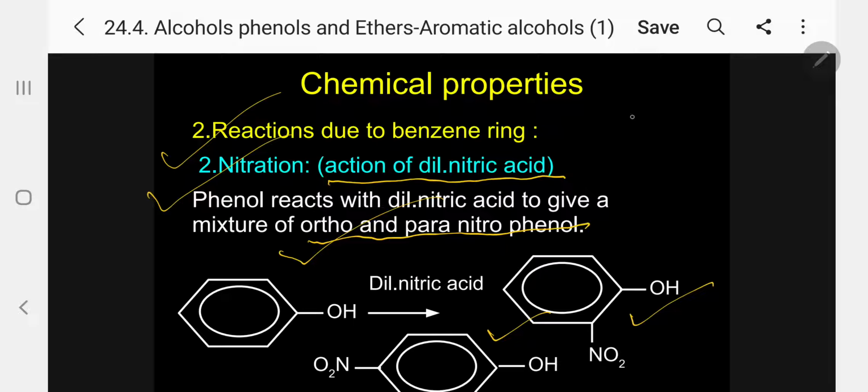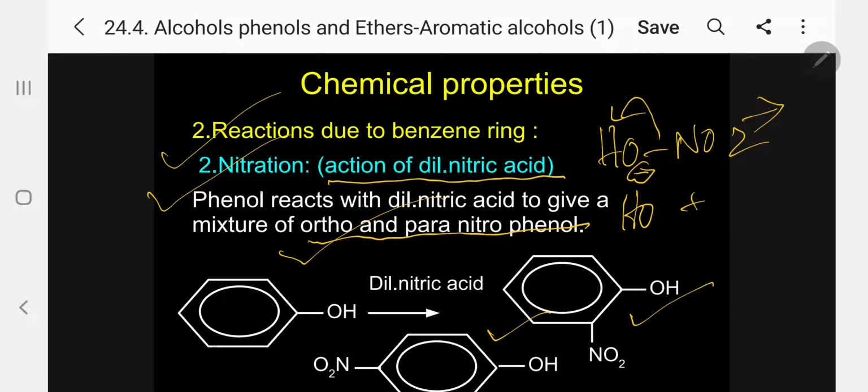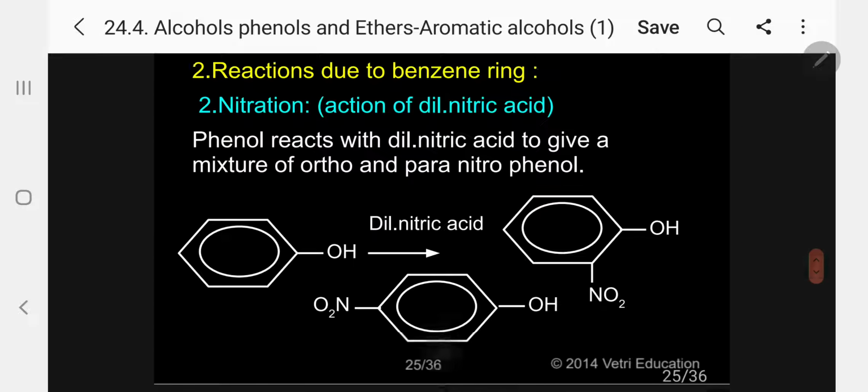How are we getting NO2 plus? You know this. This is nitric acid. When it is cleaved, it will cleave like this, giving OH minus and NO2 plus. So this NO2 plus attaches to produce this product. Kindly follow. The next one.